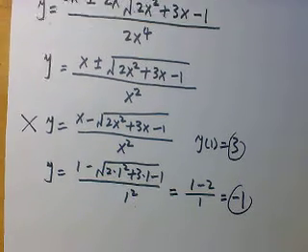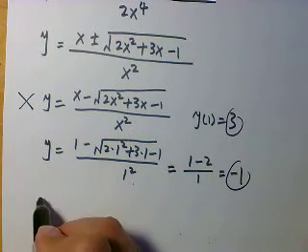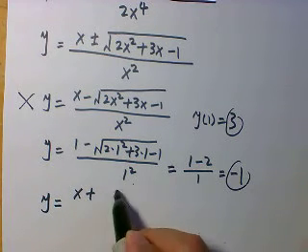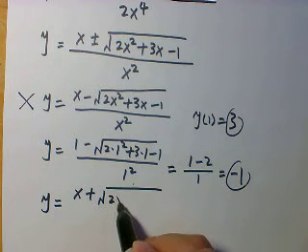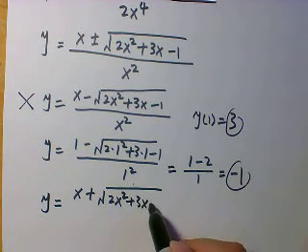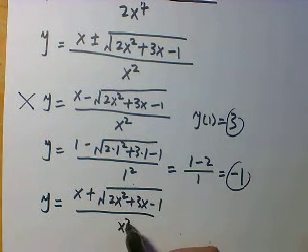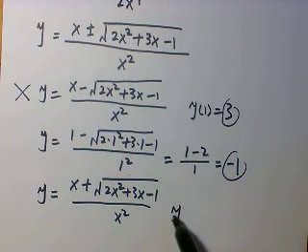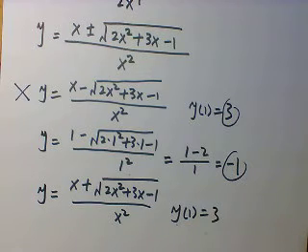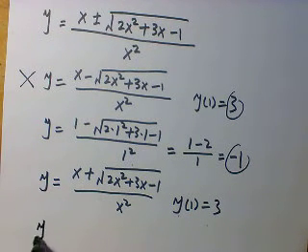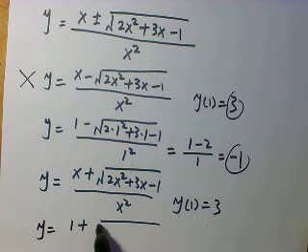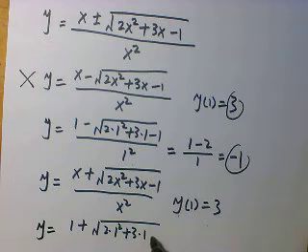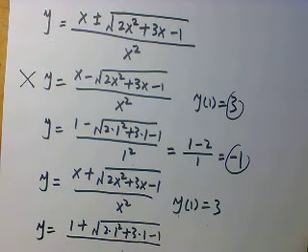Now for the second solution, y equals x plus the square root of 2x squared plus 3x minus 1, divided by x squared. We're going to check the solution again. So we have 1 plus the square root of 2 times 1 squared plus 3 times 1 minus 1.